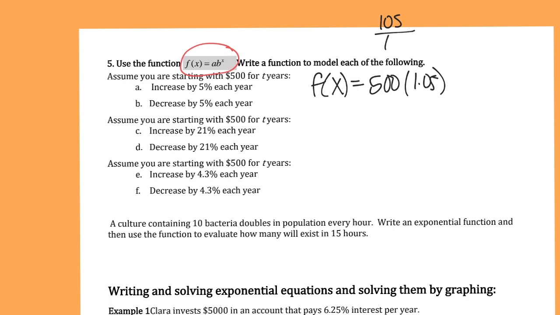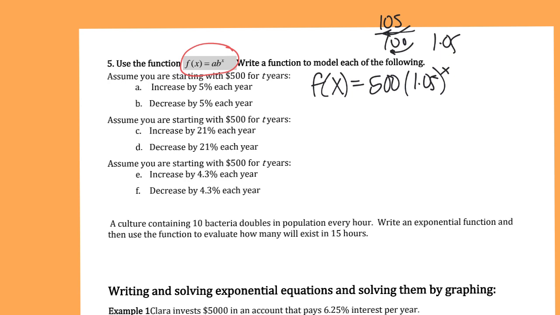It moves the decimal over twice, so you're going to get 1.05. And that would be to the x. Okay. And x represents how many years you keep your money in the account. So you times 1.05 every time you get paid interest.